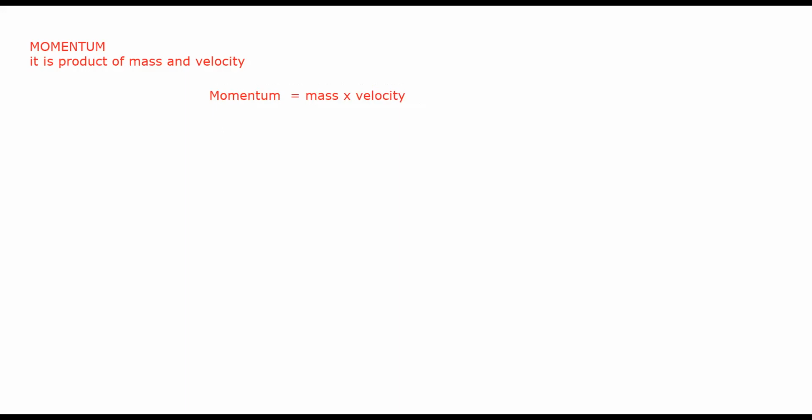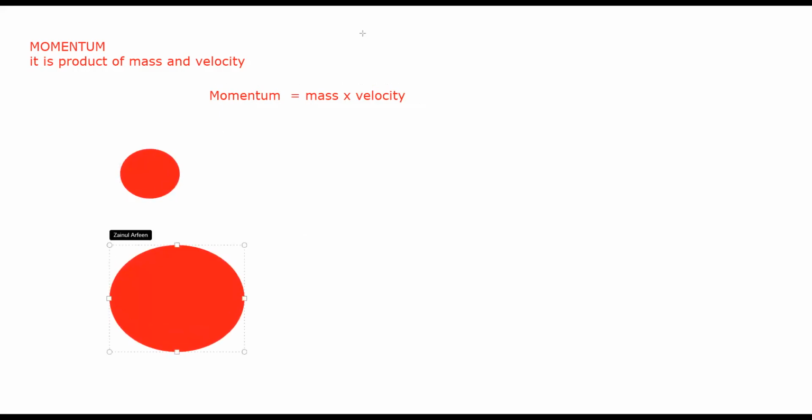What is the reason why you study this quantity? Example, if I say you have two objects of different masses. First object is 2 kilograms and the second object is 5 kilograms.